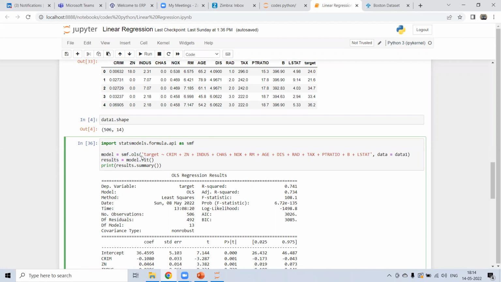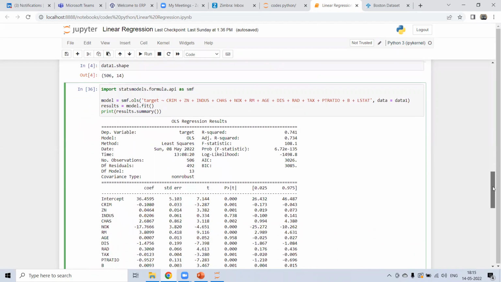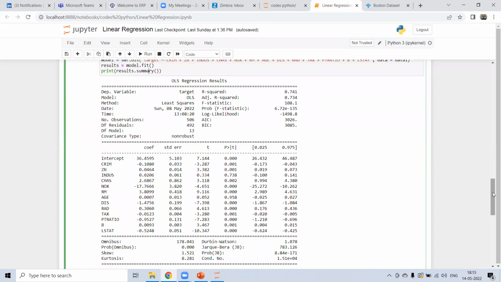I will run this, and once I run it, I get this result. I've already run it. This result is a very good view; check whether you know each and every value written here. It is OLS, run on 8th May when I was preparing this.